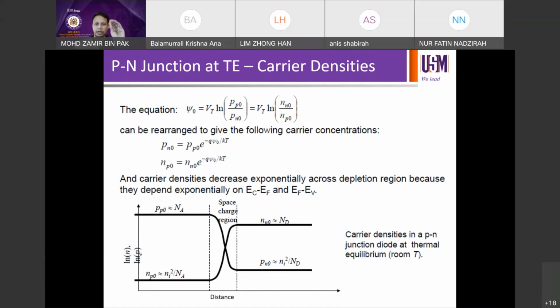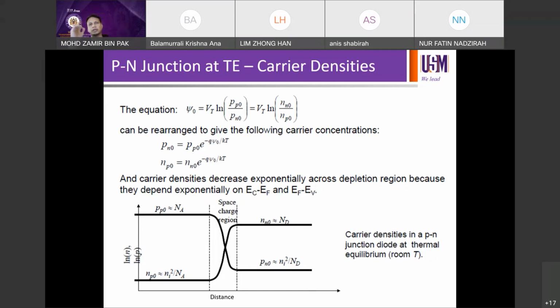Holes are the majority carriers in the P type, but the moment they have crossed the junction, the border, and reached the N-type material, the holes are now the minority carriers. Okay, and the same is applicable to the electrons as well. Electrons are majority carriers in the N-type, and upon crossing the junction, electrons become minority carriers in the P-type. Holes are minority carriers in the N-type.